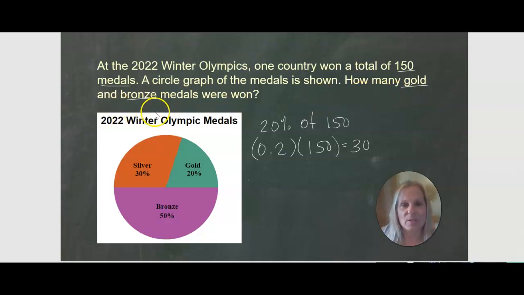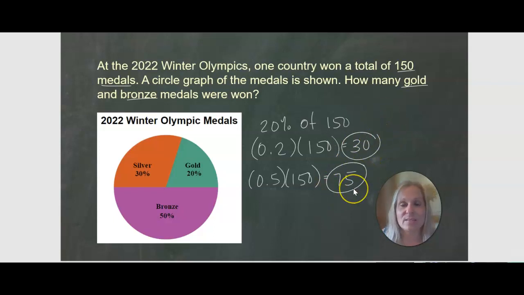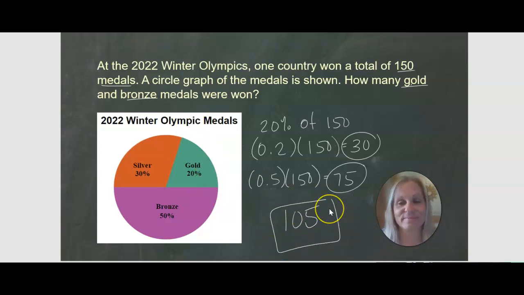And then how many bronze medals? So bronze is 50%. So 50% of 150 is 75. So how many gold and bronze were won? We add them together. That's it.